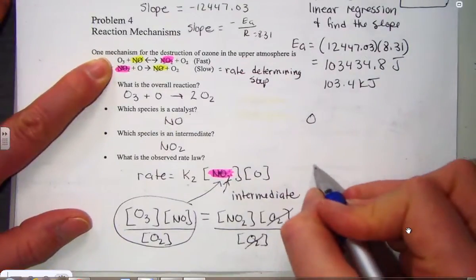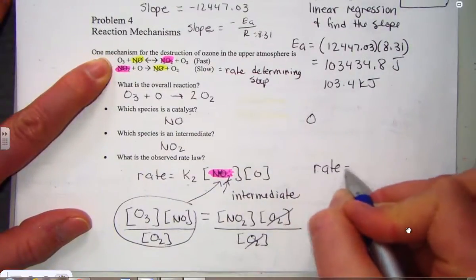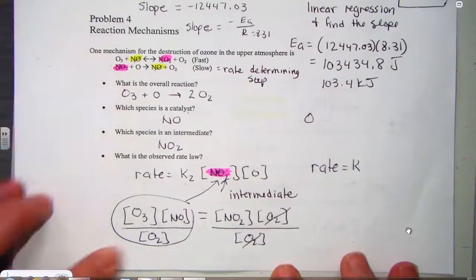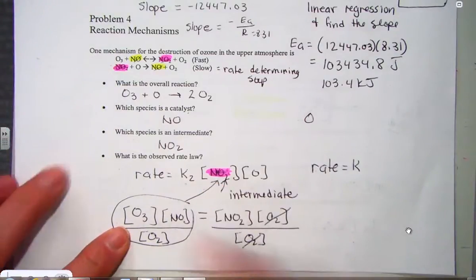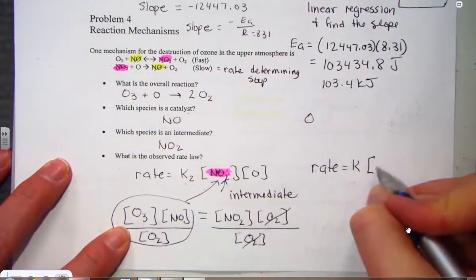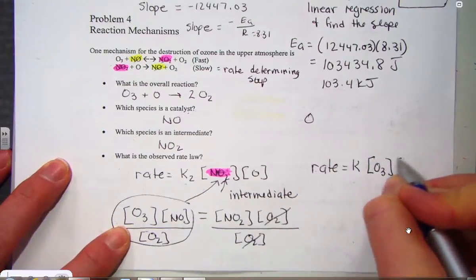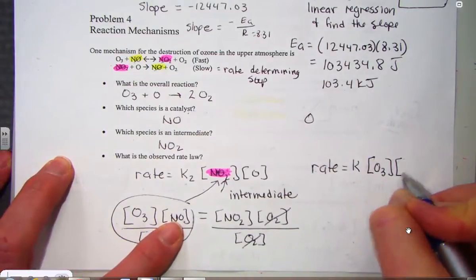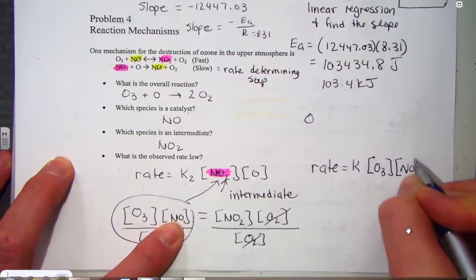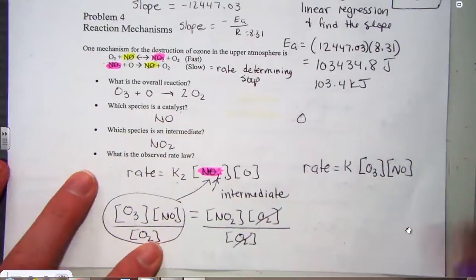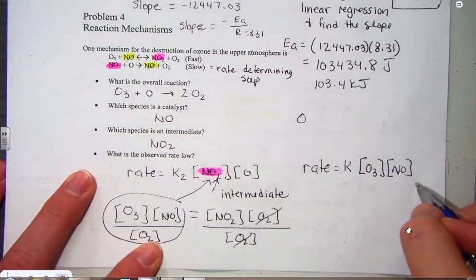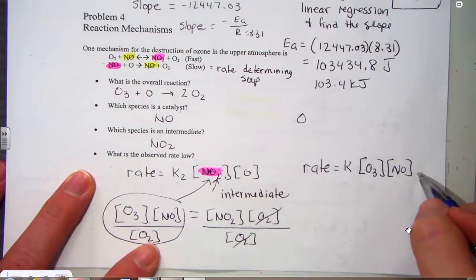So the observed rate law becomes rate is equal to K. And I'm not allowed to write NO2. Here's what I'm going to do. It's times the concentration of O3 times the concentration of NO times the concentration of O2, but see how that's under?